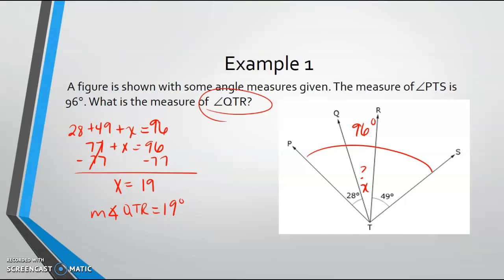We do not have negative angles. So an angle itself is going to be positive. But if we're looking for x values, they could possibly be negative. But in this case, because our x was the angle itself, I would know something is wrong if I ended up with a negative answer, and I would need to go double check either my equation or my math in getting the answer.